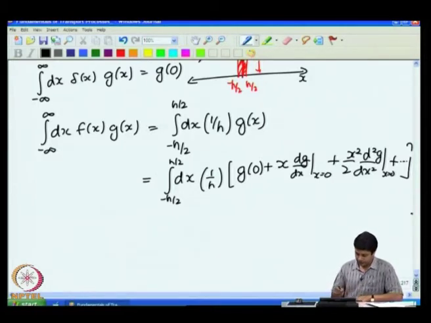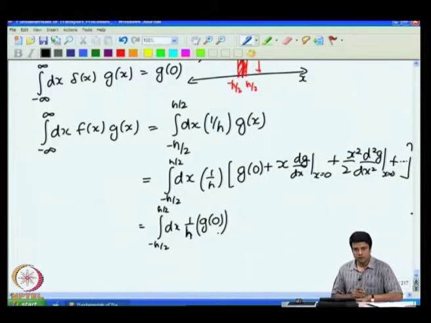The first term is equal to the integral from minus h by 2 to h by 2 dx 1 over h g of 0. Within the integral, there is g of 0 which is a constant and 1 over h which is a constant.